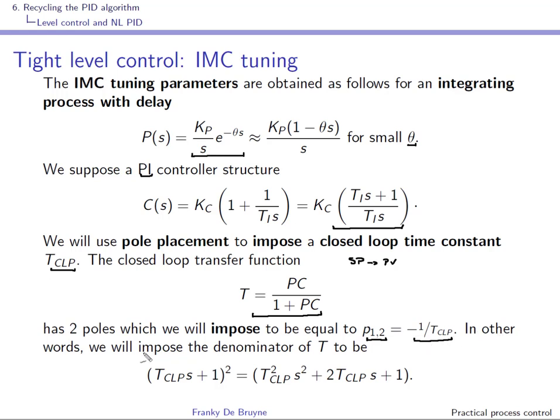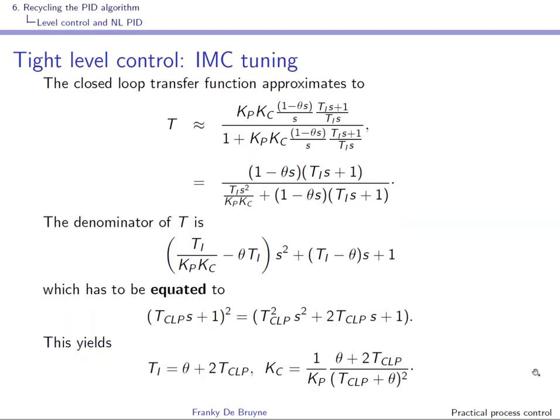So in other words, we'll have to impose that the denominator of this closed loop transfer function is (TCLP s plus 1) squared, where TCLP is the closed loop time constant we want to impose. And if you do the calculation, this is what you obtain.